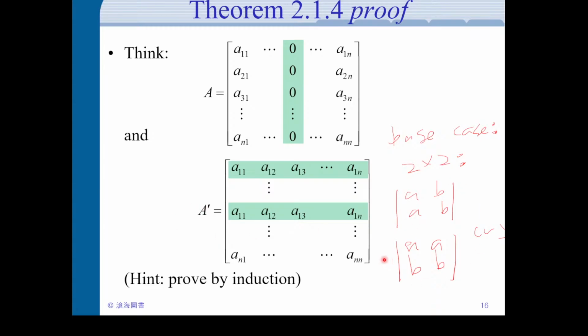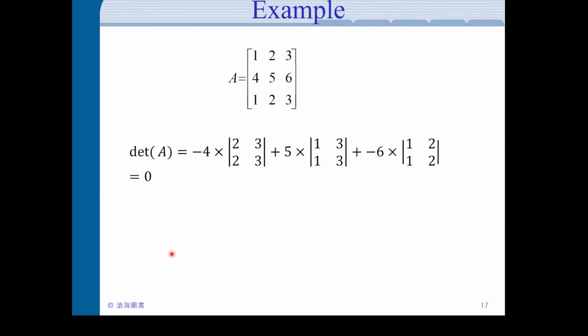Okay, and now we see an example in the 3 by 3 case. If you have n by n with n greater or equal to 1, what you do is, here you have 2 rows that are the same. So you expand on any other row that's not one of the 2 same rows. Similarly for columns, you expand on a column that's not one of the same ones. If you expand on this row, then you see it's the elements of the third row, minus 4, 5, and minus 6 with some sign, times the determinant of the submatrix.